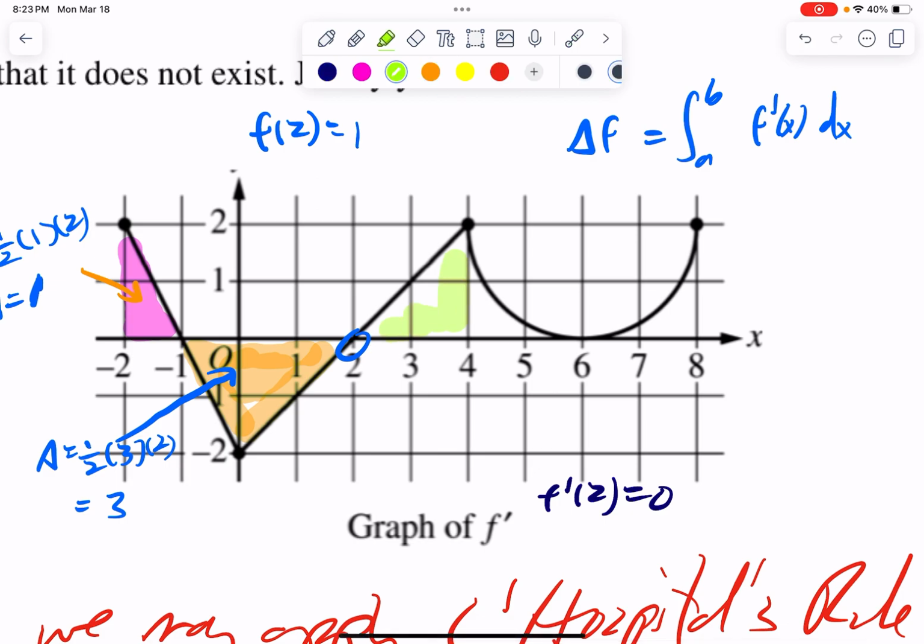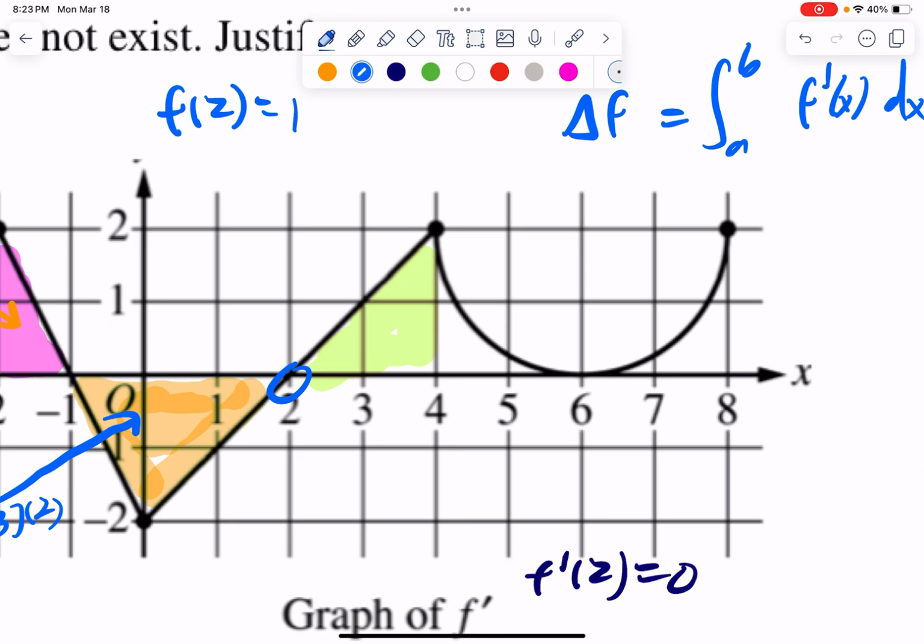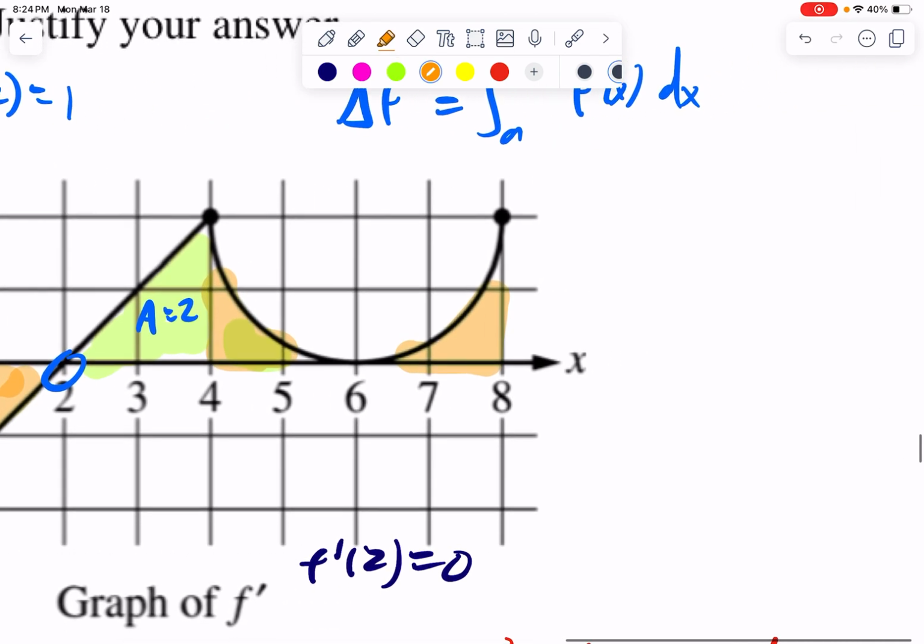So this area here is a 2 by 2 triangle, so the area is 2, 1/2 base times height. And then we want to find this stuff in orange. The orange stuff is a rectangle minus a semicircle.